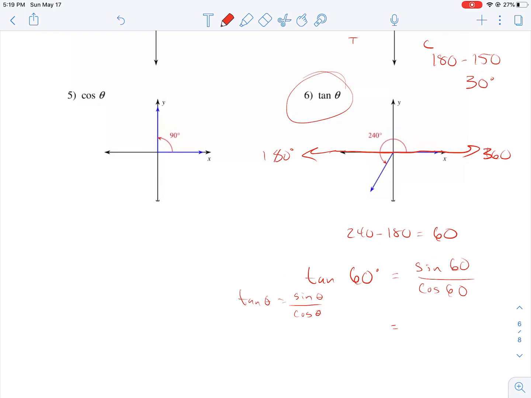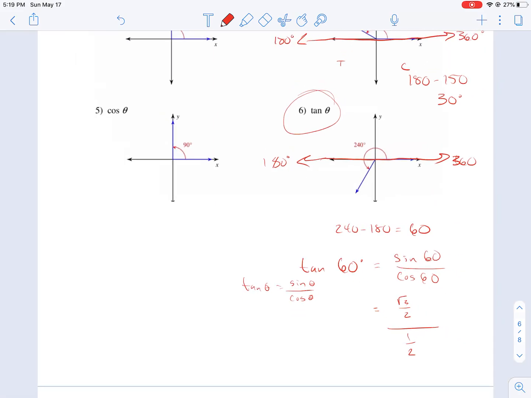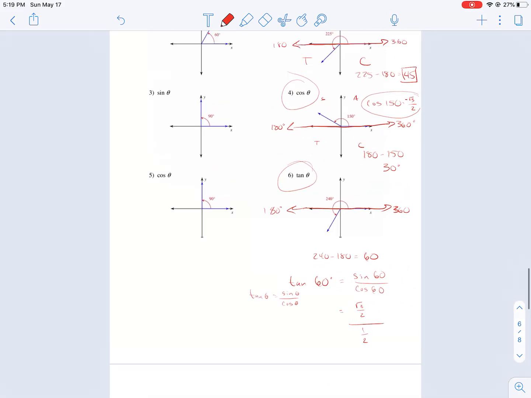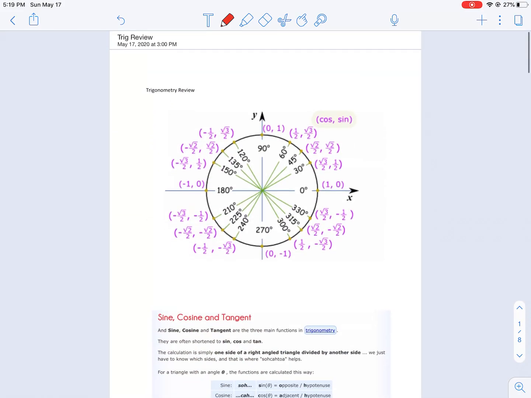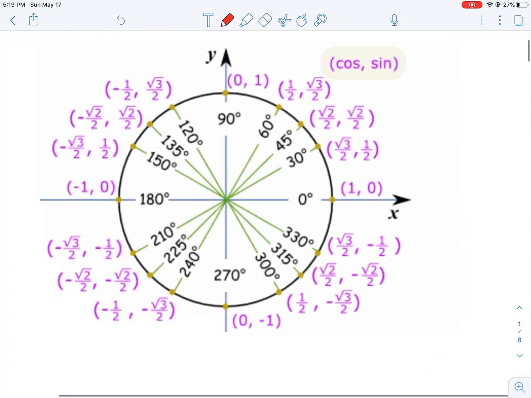So the sine of 60 degrees is square root 3 over 2, and the cosine of 60 degrees is 1/2. You can go back up there and look if you don't believe me. Go to the cosine of 60 degrees.